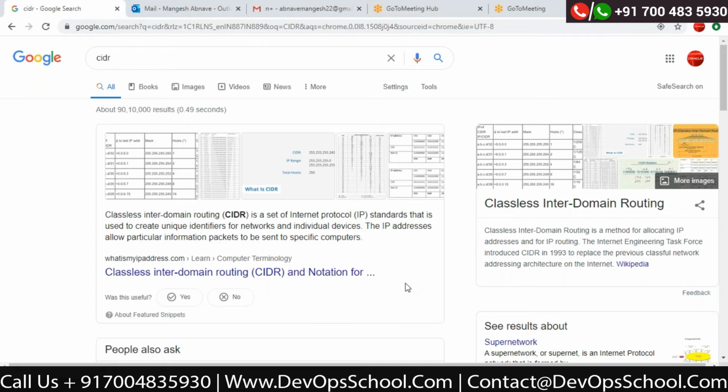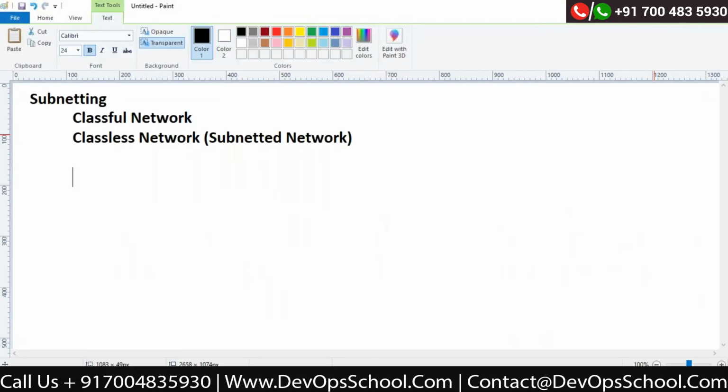In simple terms, read this document very carefully. It's a very interesting document. Whenever we are talking about any classful network, that means a network without subnetting, it would be considered a classful network.